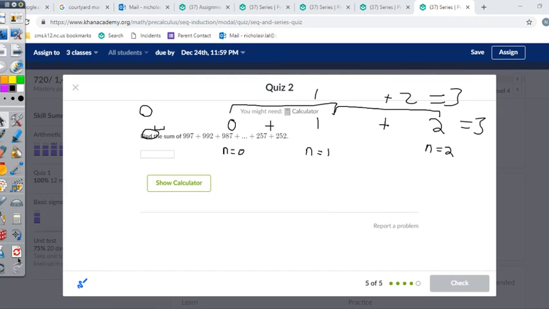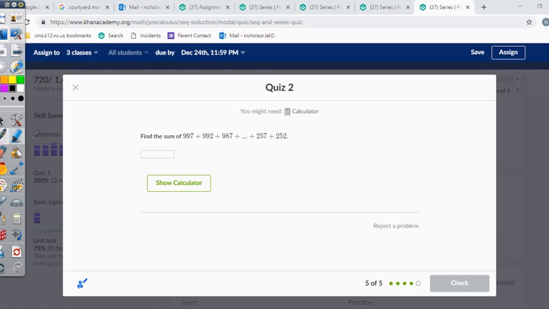Alright, find the sum of 997 plus 992 plus 987 plus ... plus 257 plus 252. Alright, so use our arithmetic sequence formulas. Sn is equal to n over 2 times a1 plus an.